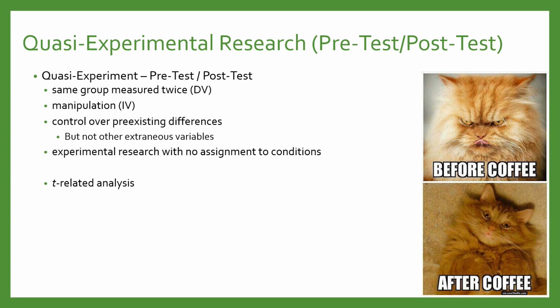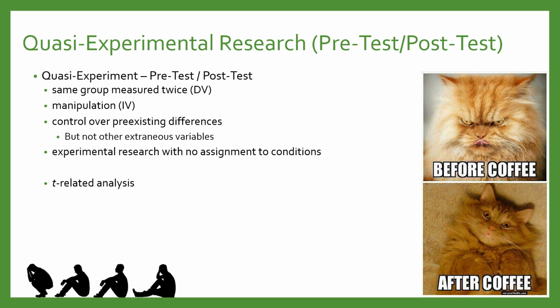So there are two major types of quasi-experimental research. One is the pre-test, post-test strategy, where you get time series data by measuring the same group twice. So you measure the dependent variable, you manipulate the independent variable, then you measure the dependent variable again, maybe with a new measure that has alternate forms reliability, ideally.